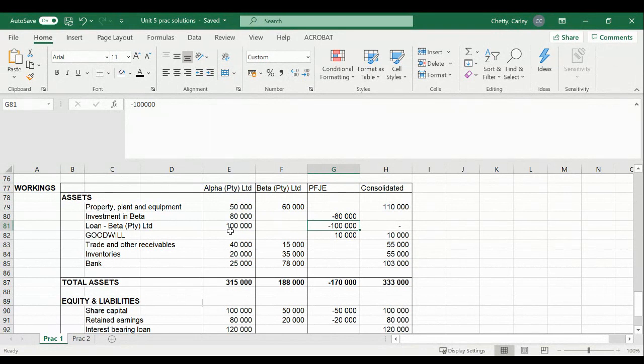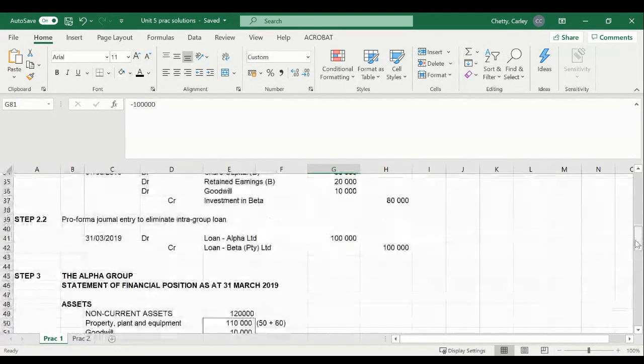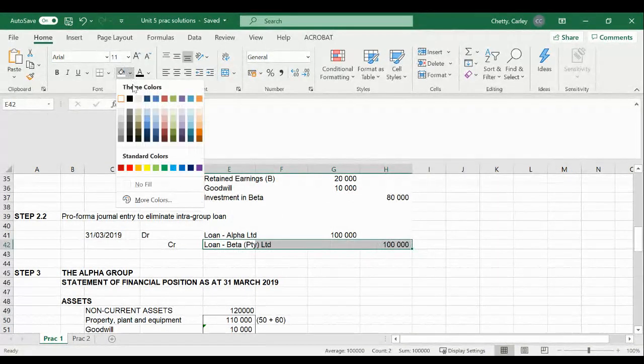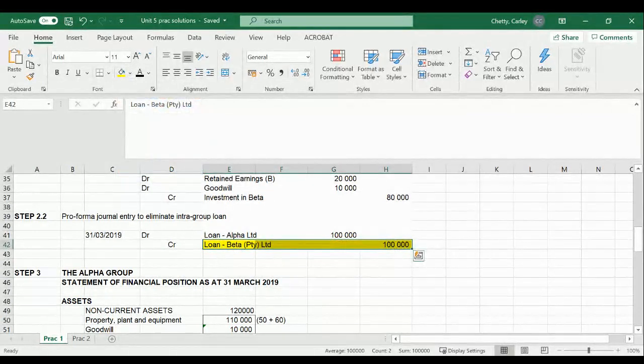So this is going to be 100,000, and then we eliminated this with our journal entries. So in the consolidated financial statements of the group, there's not going to be a loan showing owing from Beta to Alpha. But in Alpha's separate financial statements, it will still show this amount of 100,000 Rand. Because we processed that pro forma journal entry of 100,000 Rand here, this eliminated that when we were preparing the consolidation.